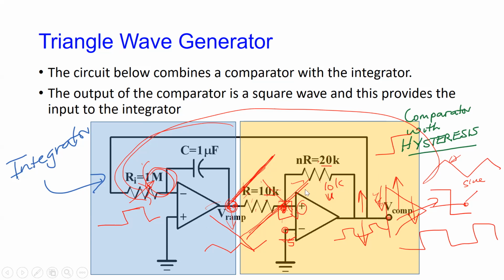In other words, it has a little delay when it toggles. Remember, all of these devices have a little bit of propagation delay. When it switches from positive to negative, or negative to positive, it takes a little time to do that. So to give the capacitor and the integrator time to respond, the comparator with hysteresis has a little delay when it switches.